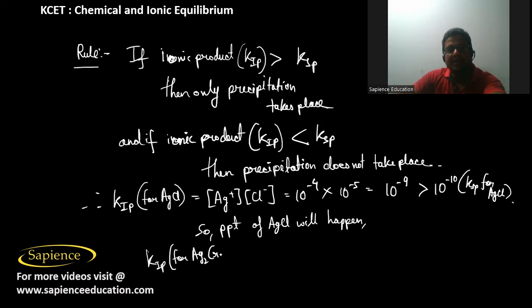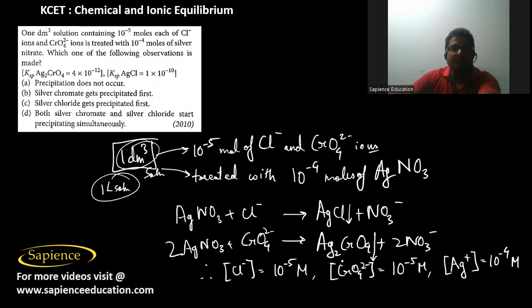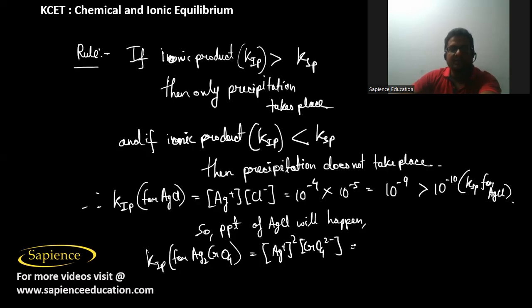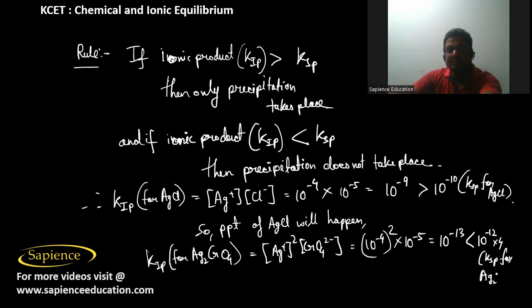And KIP for Ag2CrO4 is the concentration of Ag plus whole square into the CrO4 2 minus concentration. Ag plus concentration is 10 power minus 4 whole square into 10 power minus 5. So it will be 8 plus 5, that is 10 power minus 13, which is less than 10 power minus 12 into 4, the KSP for silver chromate, Ag2CrO4.